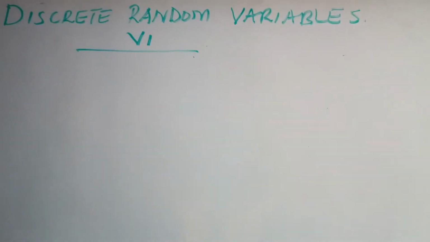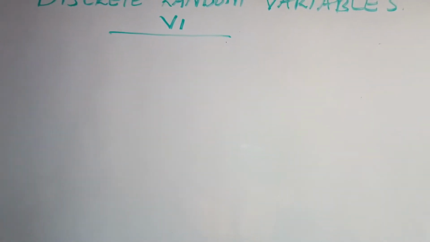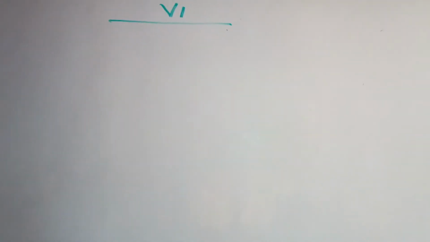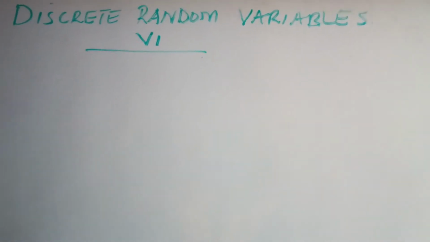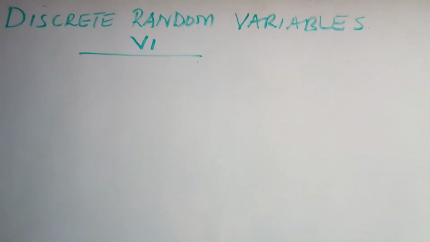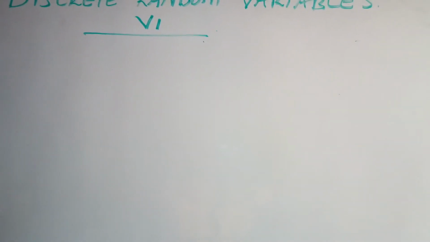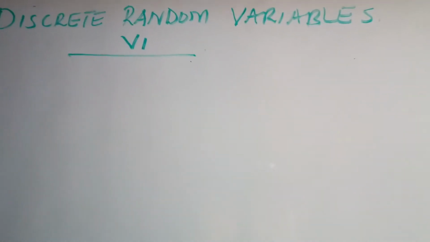Under 8.1, before we start understanding anything in this topic, there is some fundamental information that you should have before we even start explaining what is in the discrete random variable as a topic.